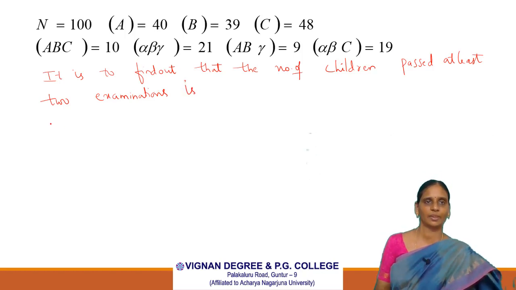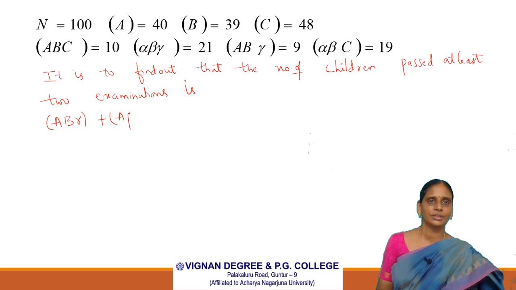That is frequency of ABγ plus frequency of AβC plus frequency of αBC plus frequency of ABC.